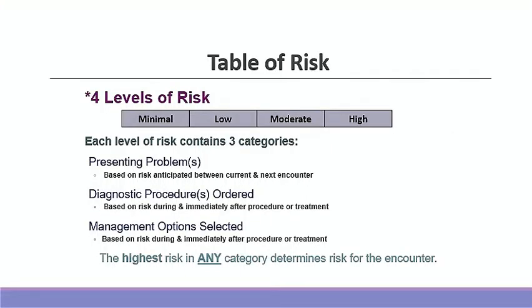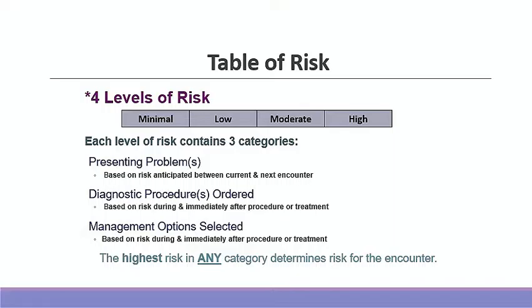Because determining risk is complex and not readily quantifiable, CMS and the AMA put together a table of risk that includes common clinical examples rather than absolute measures of risk. There are 4 levels of risk: minimal, low, moderate, and high.